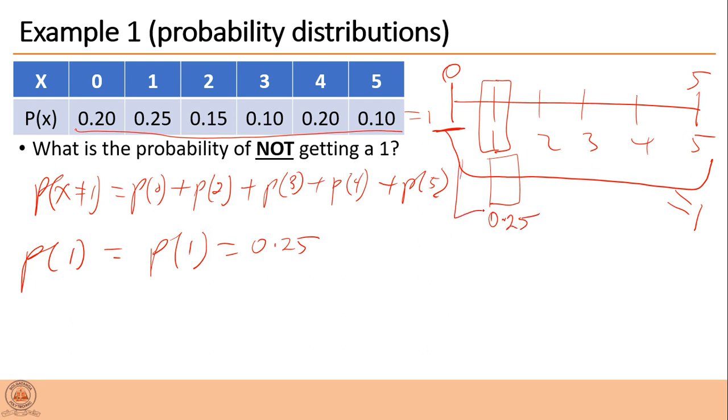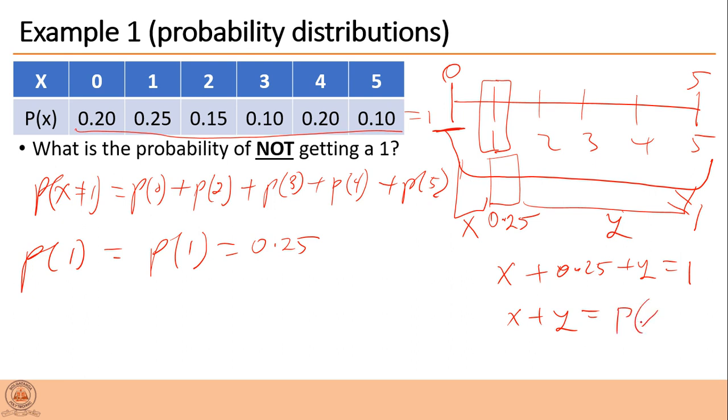Now it's going to be left here and then the side. So it means that it's plus 0.25 plus the y should get 1. Now x plus y in this case is what we call x equals 1.